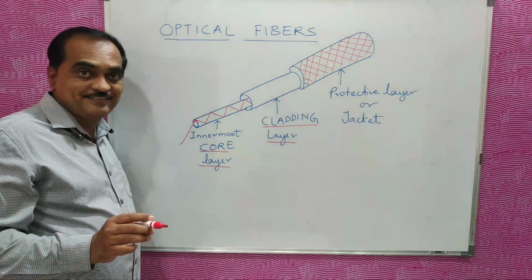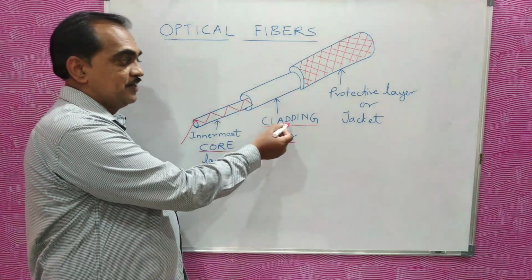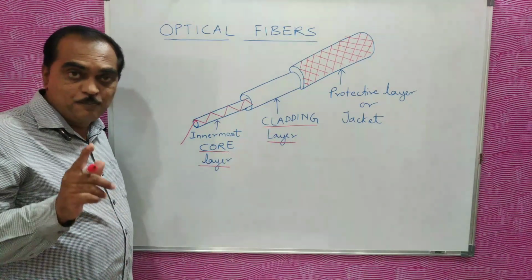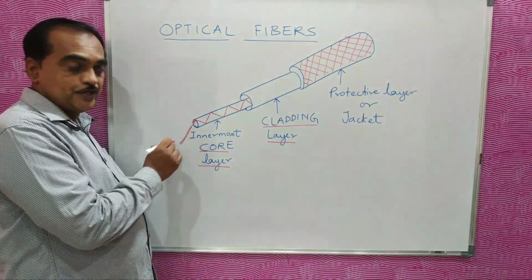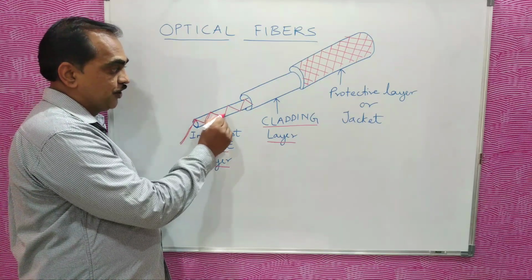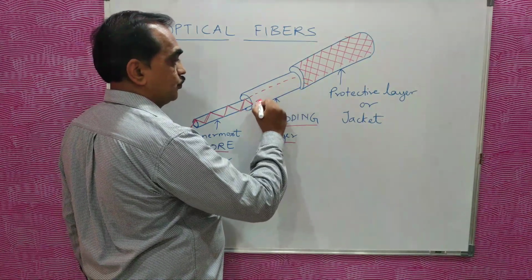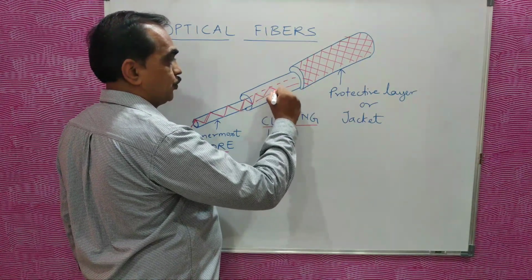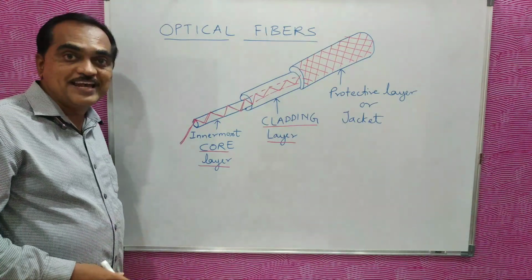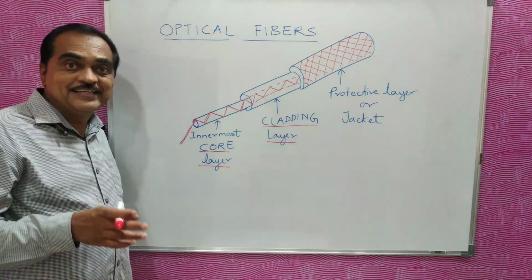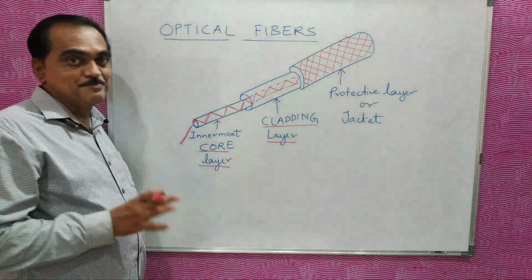The refractive index of the core material should be more than the refractive index of the cladding material. If you maintain this condition, then whatever light enters the core will propagate with total internal reflection. It will not come out and get mixed into the cladding, because you have maintained that the refractive index of the core material is more than the refractive index of the cladding material.